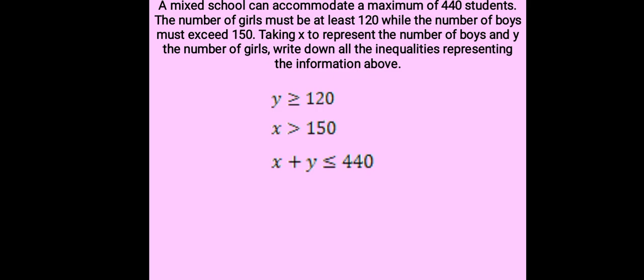That's the maximum number the school can accommodate. So if the boys and girls, the two genders, must be less than or equal to 440, then X plus Y is less than or equal to 440. Sorry for the slip of tongue, 440.